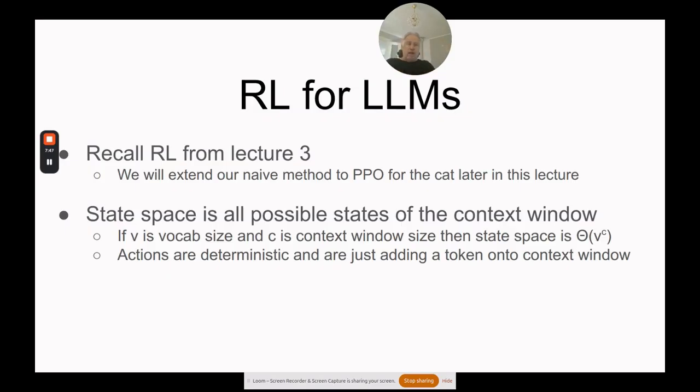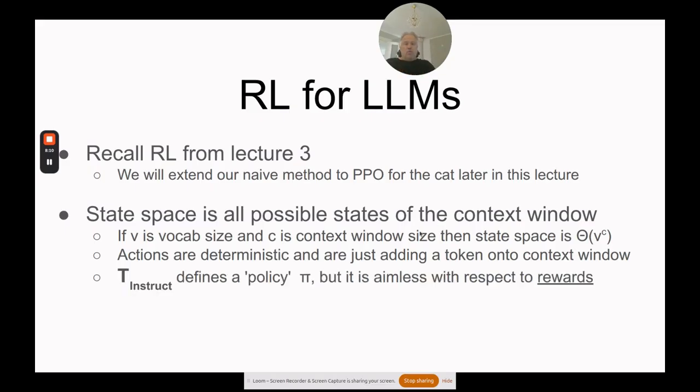It's always picking one of those tokens from the vocabulary of 1,000. So the next action is always doing that, and these actions are deterministic. When you say you want to do that action, it gets done. So that's good.